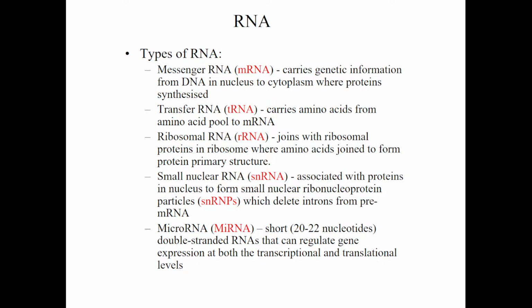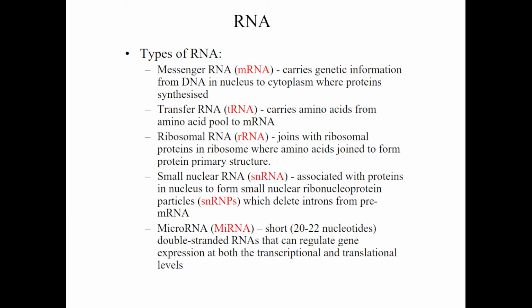They are present in the nucleus and provide the possibility of excision of introns. We will tell about it in some more detail. Small nuclear RNAs are components of small nuclear ribonucleoprotein particles. It's important for excision of introns in pre-messenger RNAs.